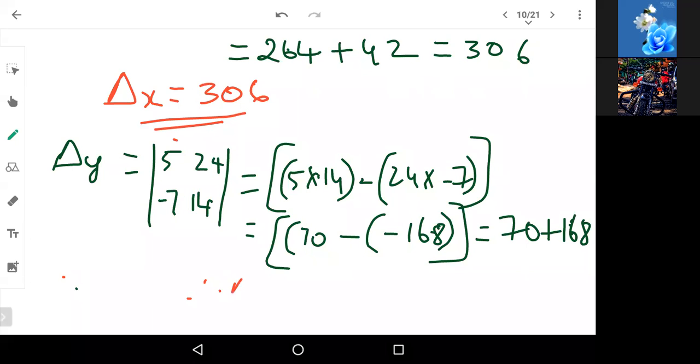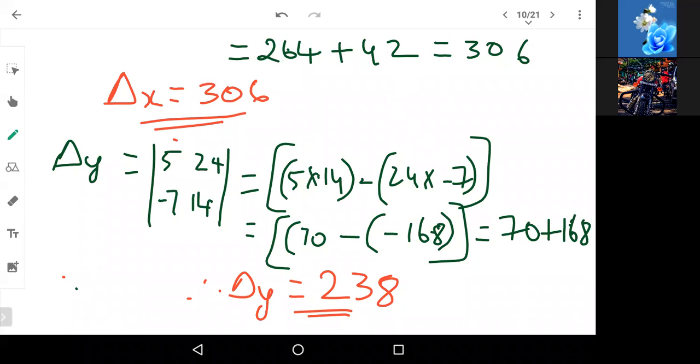Therefore, delta y is equal to 238. Very good. So everybody got 238. So we know what is the value of delta x, delta y and delta also.